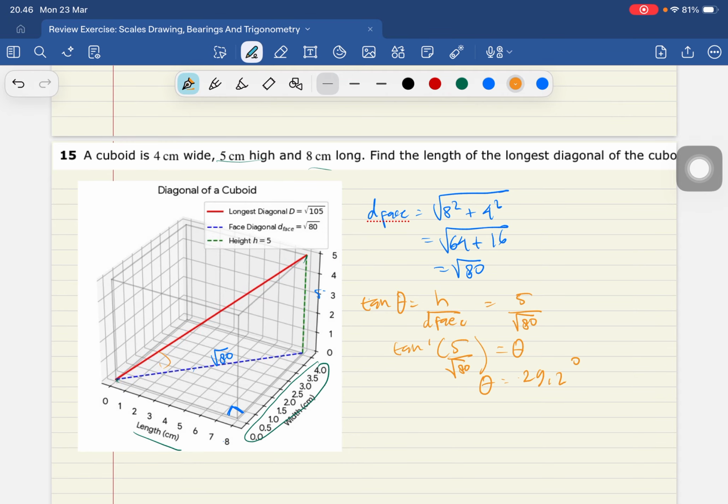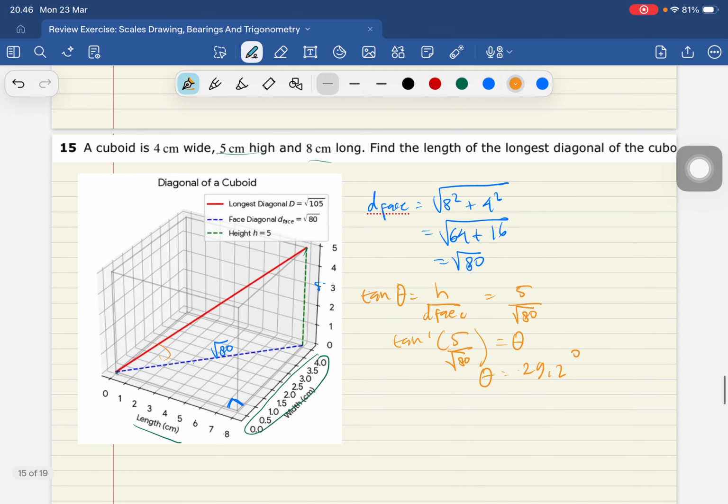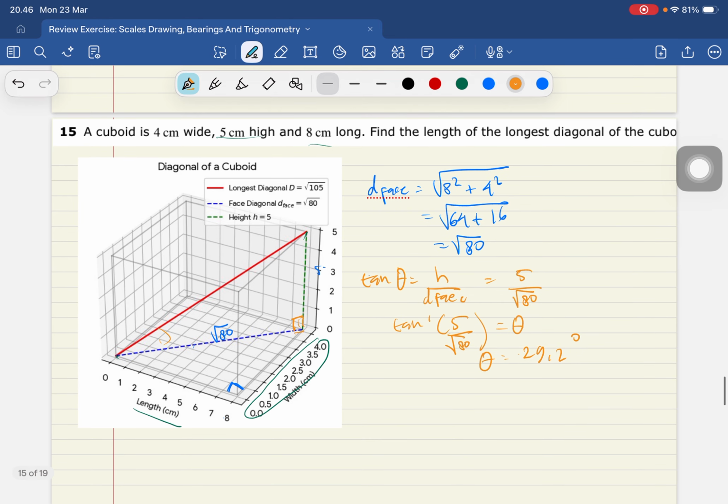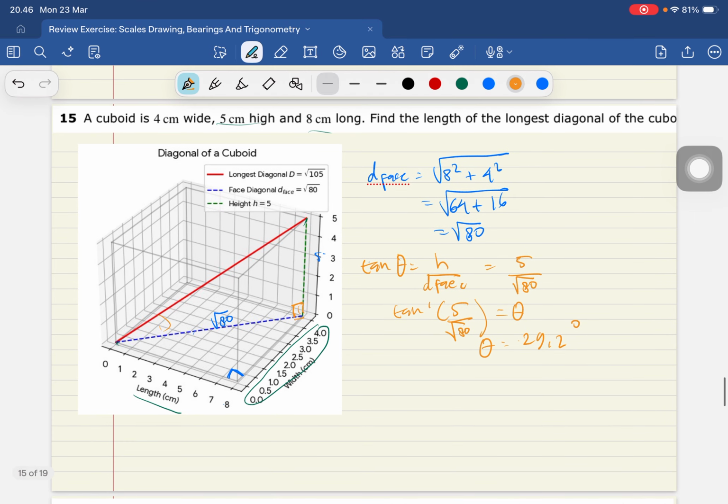Yeah, but actually we don't need that angle, as this is the right angle. You can see it. So we can just use the formula. So the longest diagonal is square root of 80 squared plus 5 squared, so it's gonna be 80 plus 25, which is 105 centimeter squared. Then you can use a calculator.